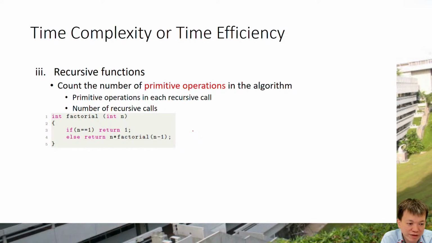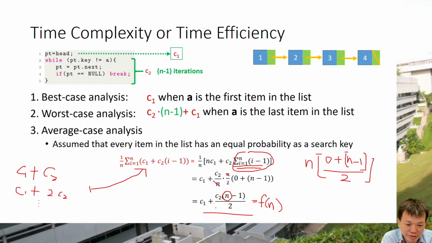Otherwise it's very hard for you to simplify to something relatively simple. Like this one, C1 and C2, you can assume they are the same. When I derive, I just want to show you that I'm calculating different primitive operations. I don't want to miss out things, so I call the first line C1. The operation inside the while loop is C2, some constant time.